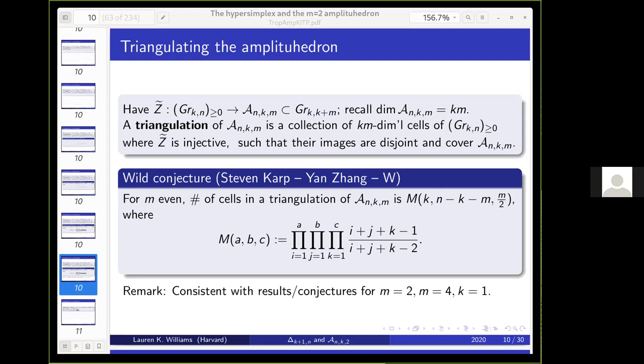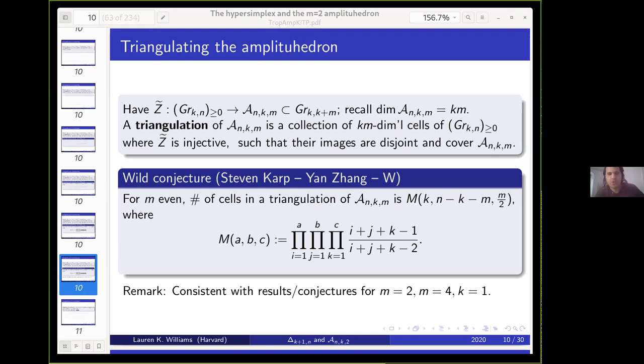The momentum amplituhedron for m equal to 2 lives in a product of two projective spaces, and it's a curvy object. What they have in common is that the boundaries are the same. They have the same combinatorial structure of boundaries, but as geometric shapes, I think they are different.